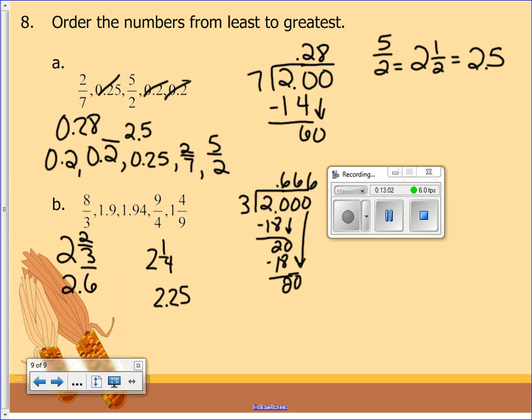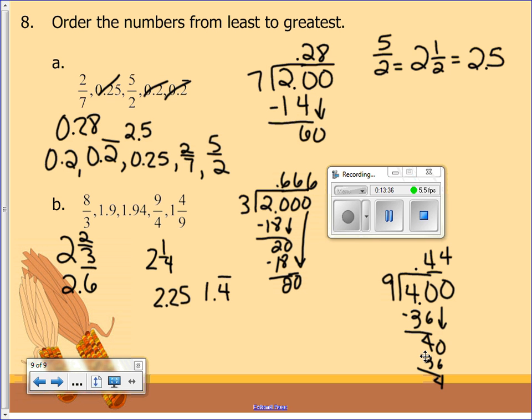So the only one that you really need to do with a division would be 4 divided by 9. As I can tell by working this out, the decimal is going to repeat. So 1 4/9 in decimal form is going to be 1.4 with a bar notation over it. Now I've done everything that I need to do.